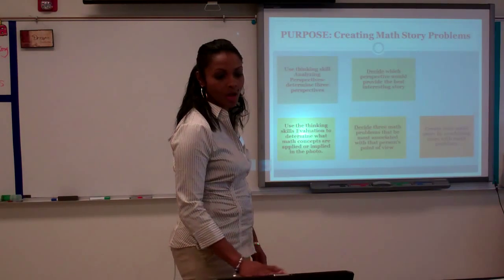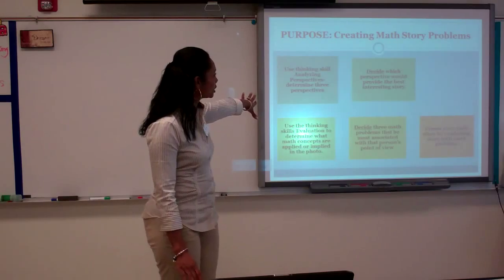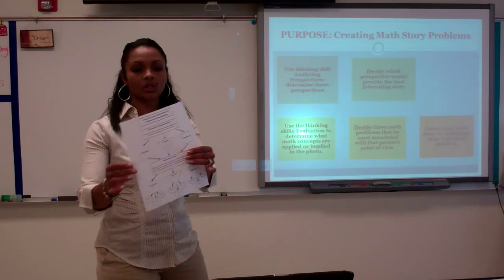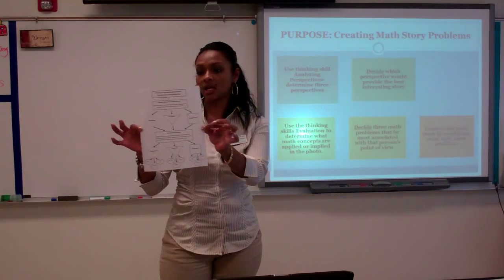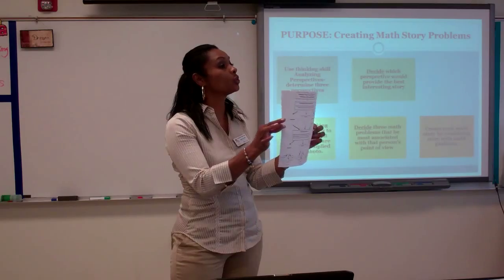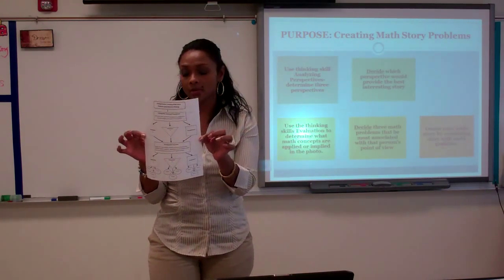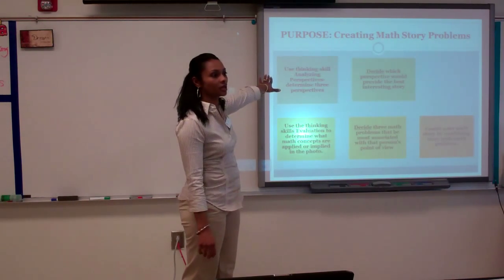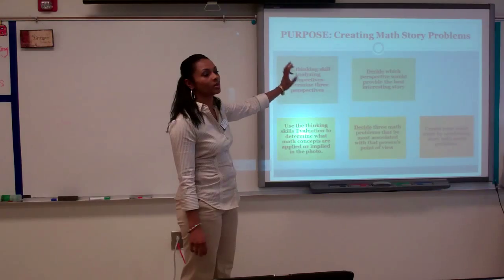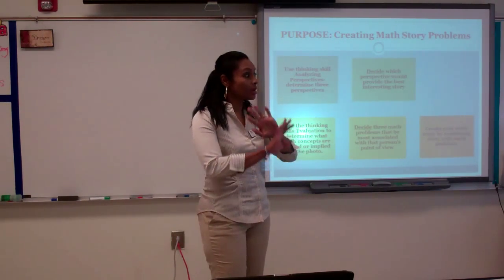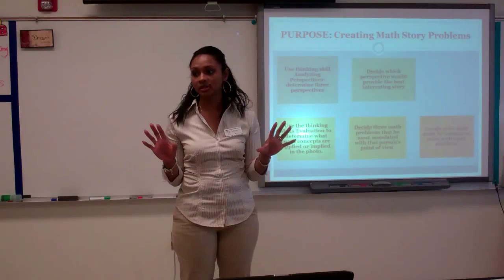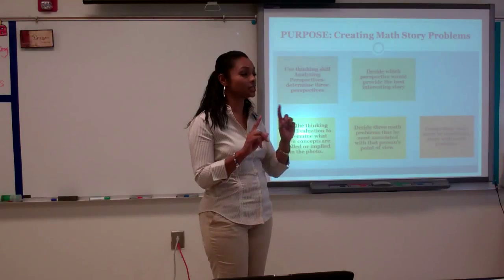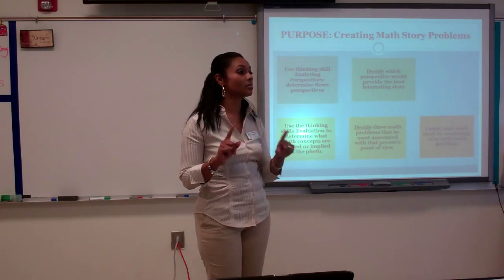Here is a flow chart, and I'm going to be giving you one of these, which looks a lot better and a lot easier to follow as to what you should do on your word problem. But this here is a summary. You're going to use the thinking skill, analyzing perspectives, to determine three perspectives. Remember, we've been looking at photographs and analyzing different perspectives in the context of math.